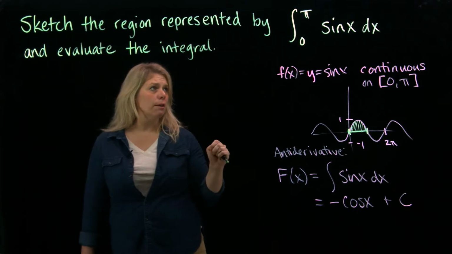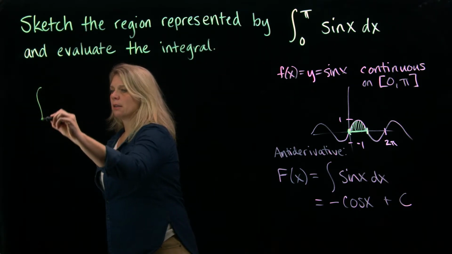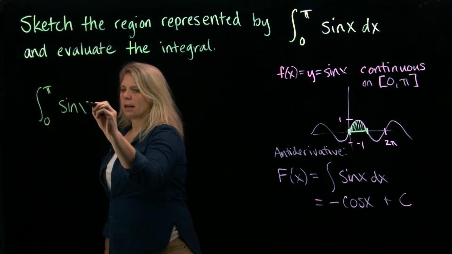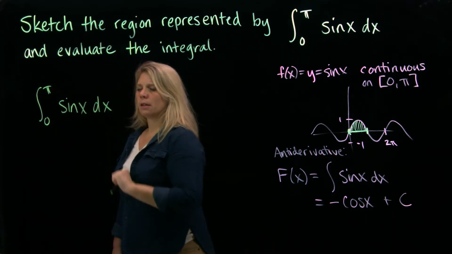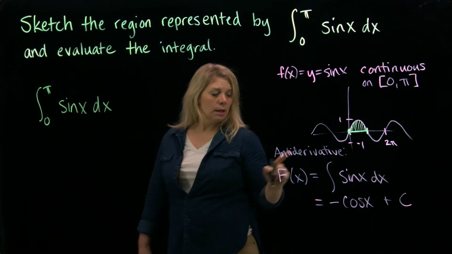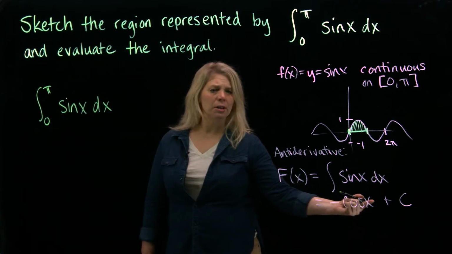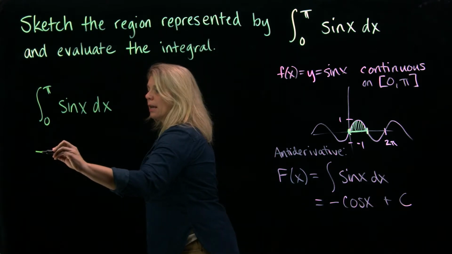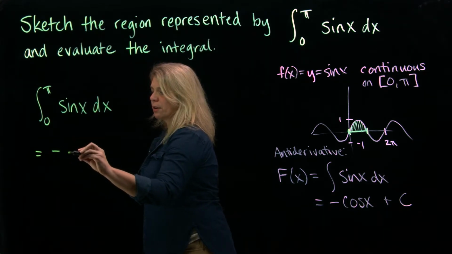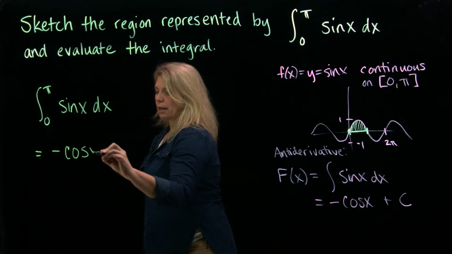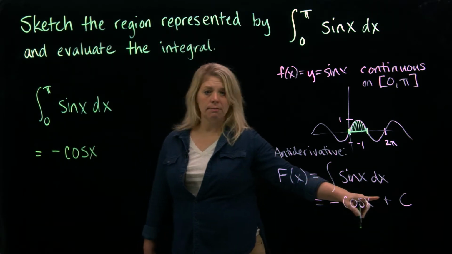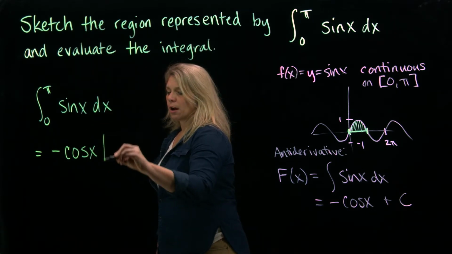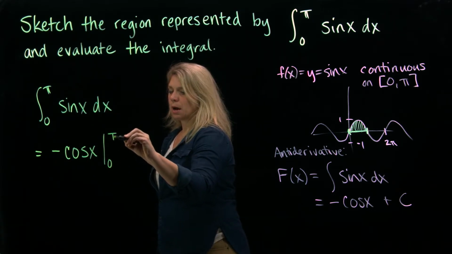All right, so using the fundamental theorem of calculus, my integral from 0 to pi of sine of x dx is going to be equal to any antiderivative. I'm going to use c equals 0, just because that's a little bit easier to use here. Any antiderivative of this function, so negative cosine of x plus any c you want, I used c equals 0, evaluated from 0 to pi.